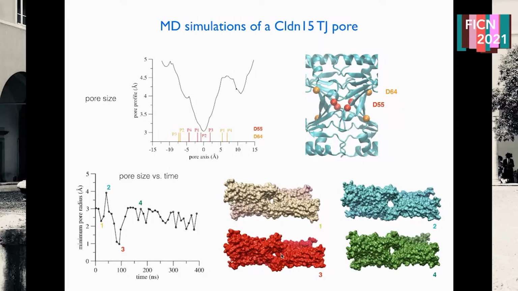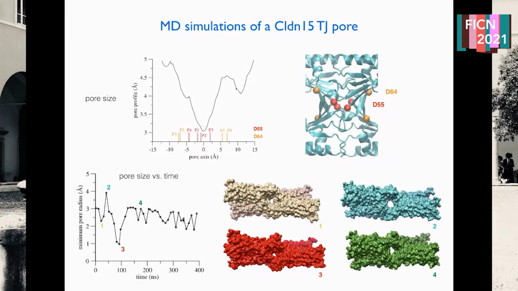Here I'm showing different structures corresponding to different points in the trajectory, and then it stabilizes at a diameter of between 5 and 6 angstrom. So this is a structure corresponding to the stabilized region.